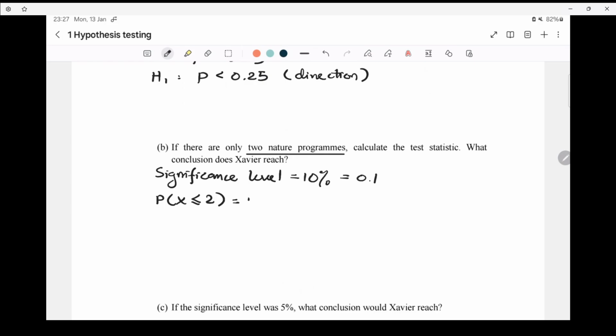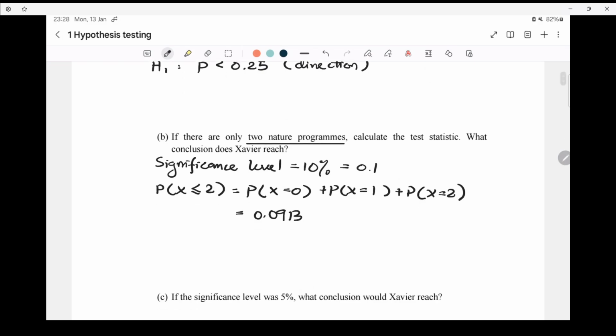So you can just calculate using your binomial distribution: X equals 0, X equals 1, X equals 2. When you calculate everything out, sorry, this is plus, you find that this is 0.0913.